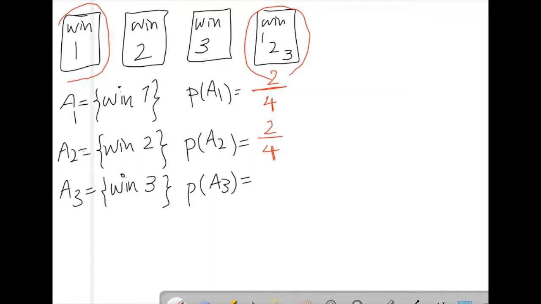For winning prize 3, again the same, slip 3 and slip 4, so it's 2/4. So the probability of A1, A2, and A3 is 1 divided by 2.